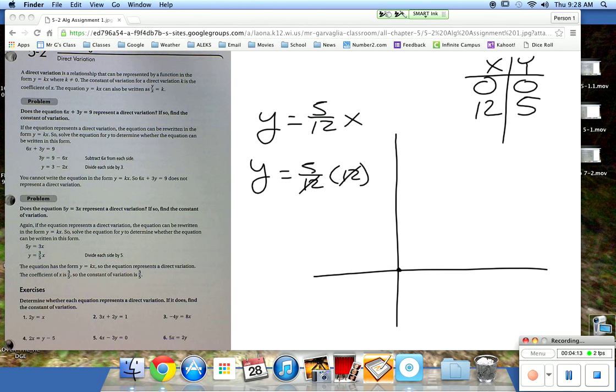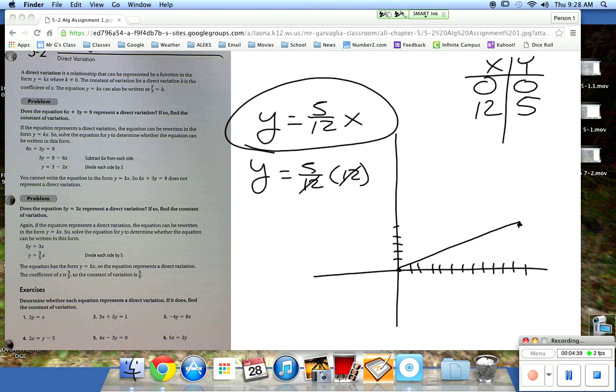So if my x is 12, 1, 2, 3, 4, 5, 6, 7, 8, 9, 10, 11, 12, and then 1, 2, 3, 4, 5, out here somewhere would be my 5/12. That'd be a representation of that graph. Direct variation has to start at the origin, or what I'm saying is you have to be able to put 0 in for x and come up with 0 for y.